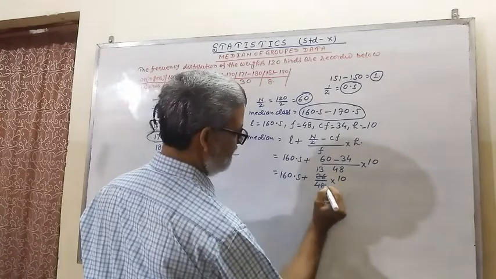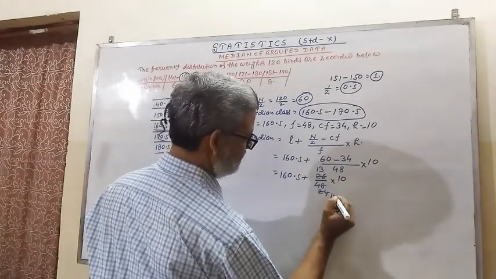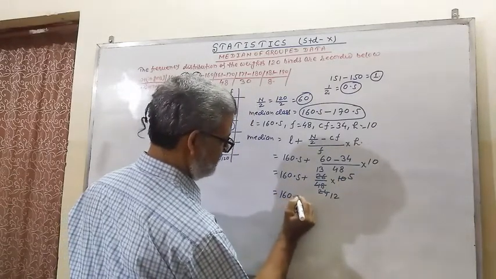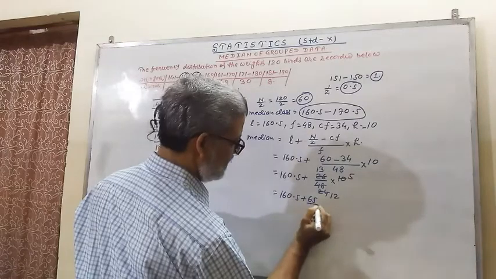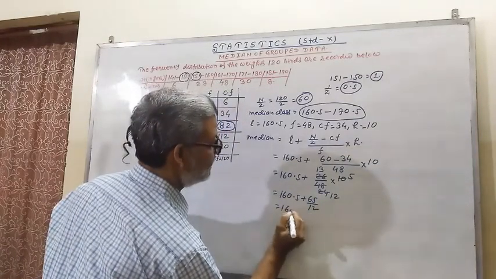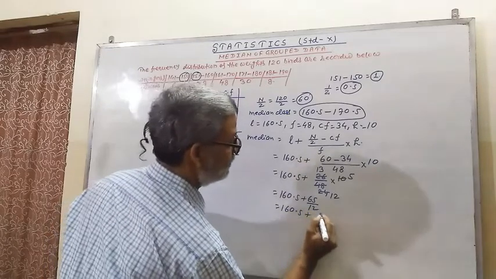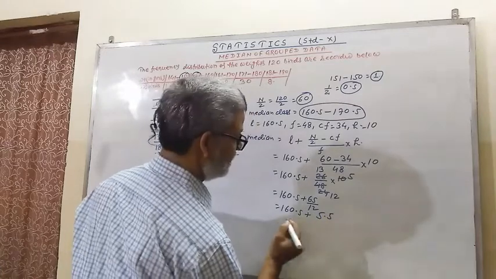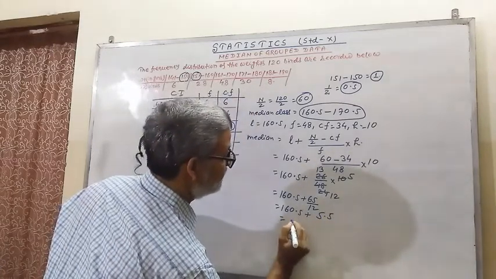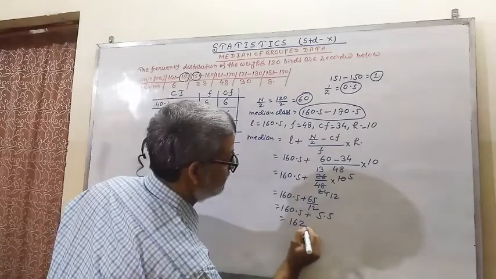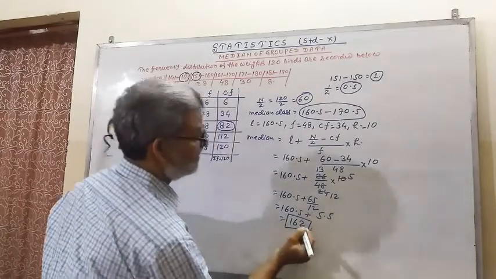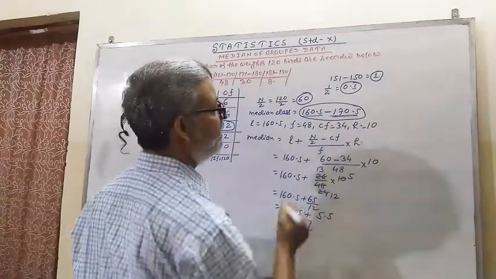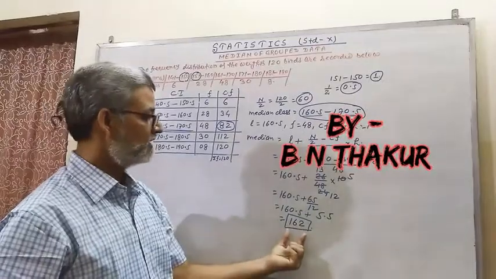Cancelling, 160.5 plus 65 by 12. So 160.5 plus, 12 times 5 is 60, so that is 162. Now you see 162 lies between 160.5 and 170.5. Between these two, you are getting the median.